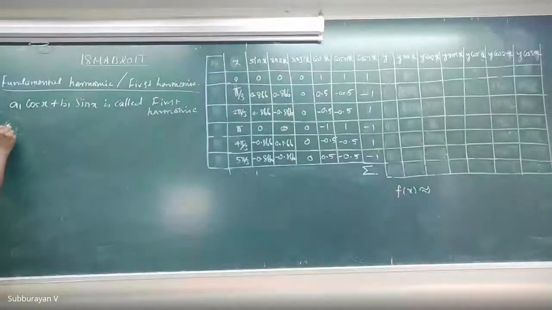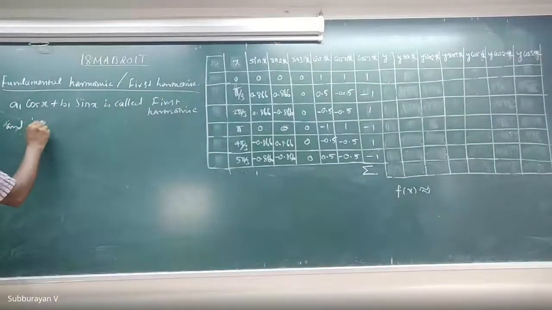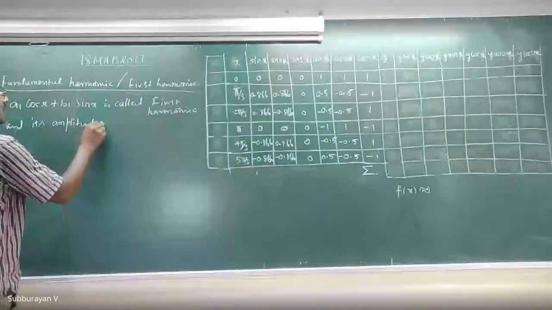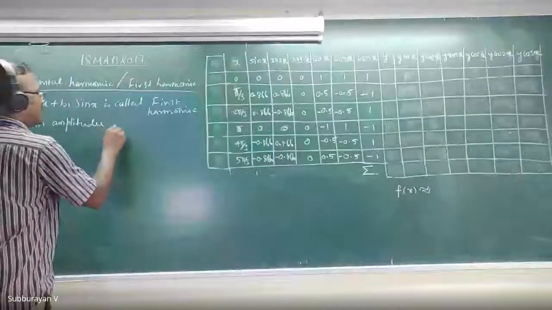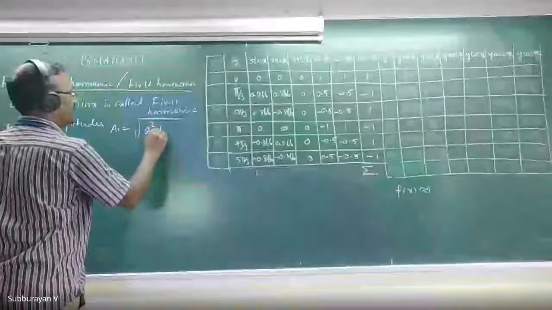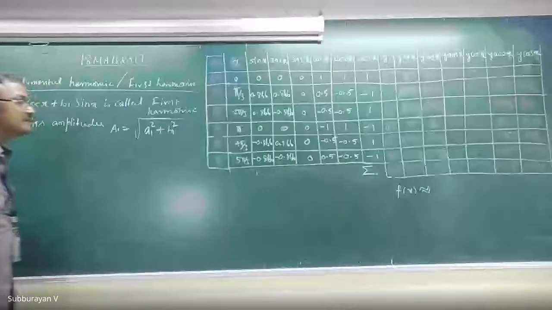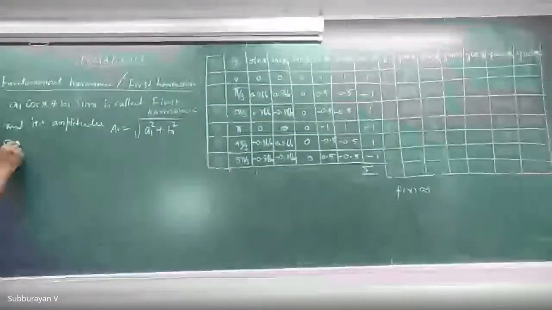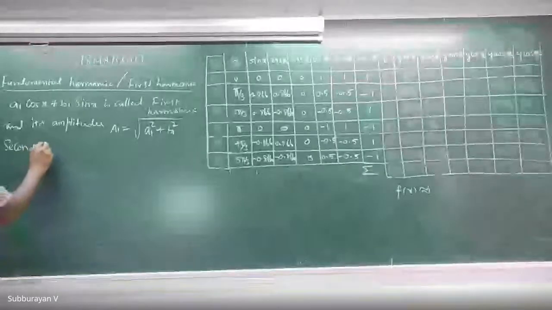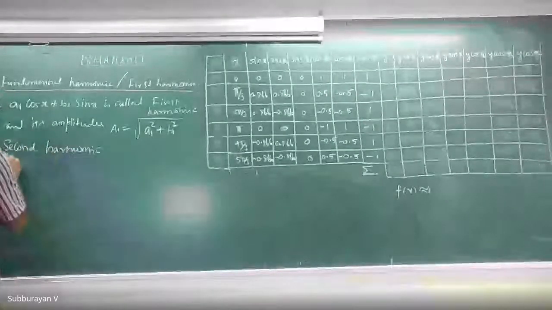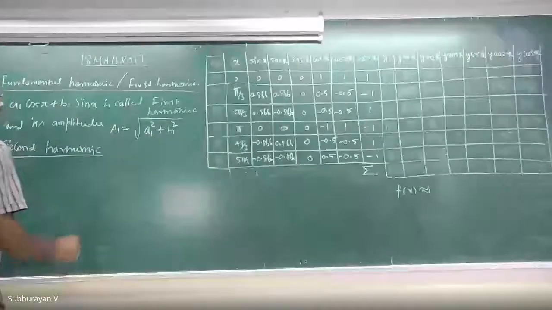And its amplitude, that is, we call this as A1, which is under root A1 square plus B1 square. And the second definition, second harmonic or octave.